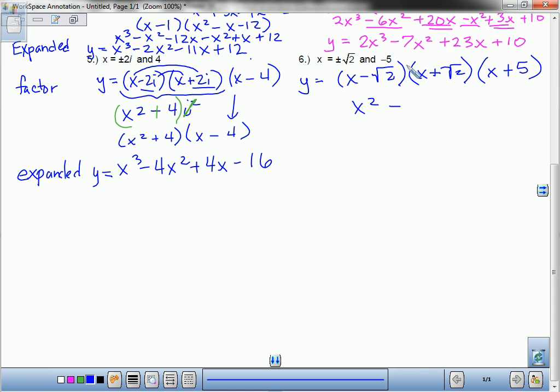Anytime we multiply a radical by itself, we're just left with what's under the radical. And the reason why is the square root of 2 times the square root of 2 is the square root of 4. What is the square root of 4? 2. So that's one of our rules with radicals. Whenever you multiply a radical times itself, you just get what was under the radical. Anytime, no matter what that real number is.